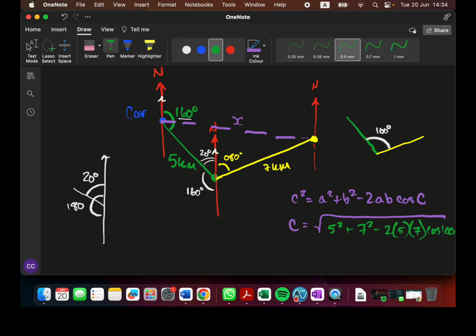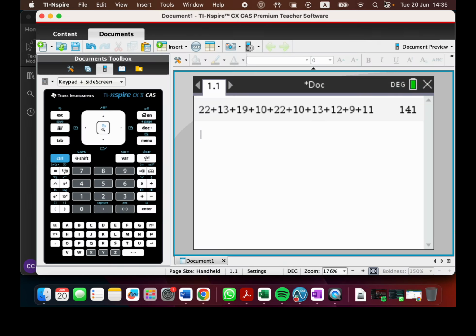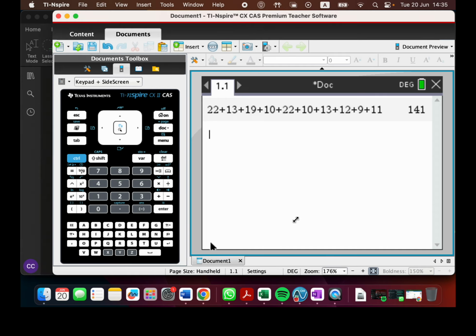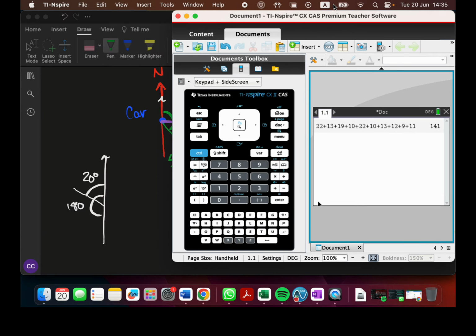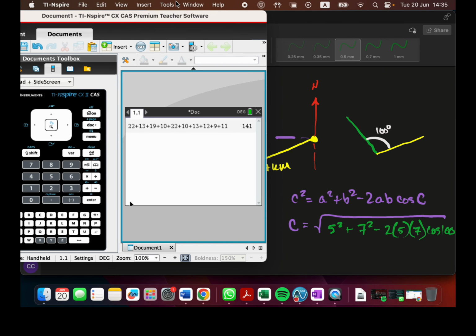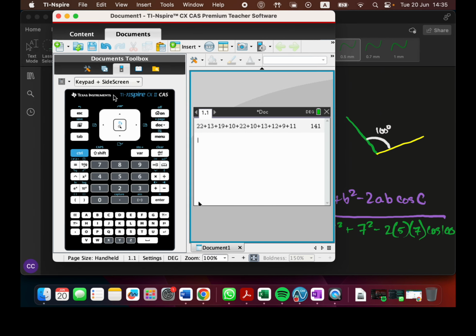That solution will give me my length or my distance from there. Just because I wouldn't expect you to do that without a calculator, let's just do that real quick.